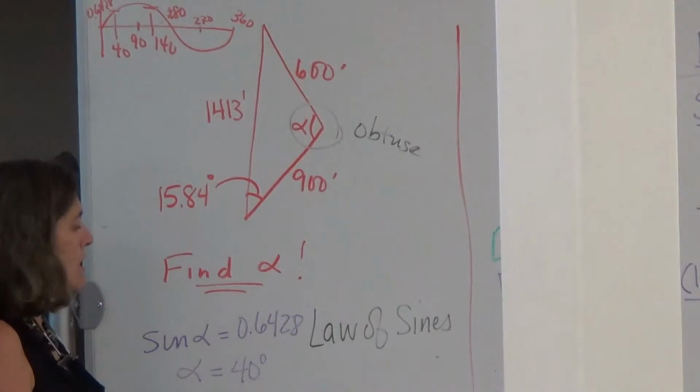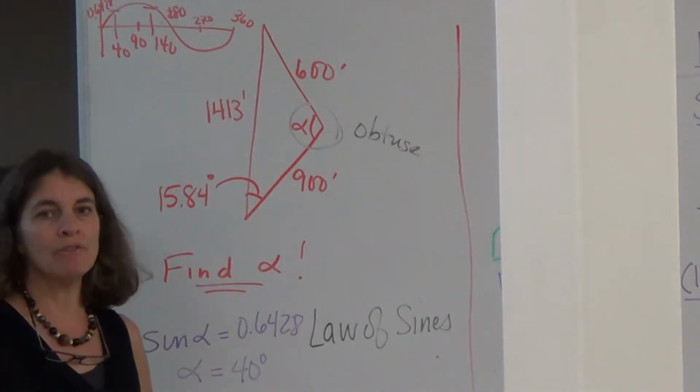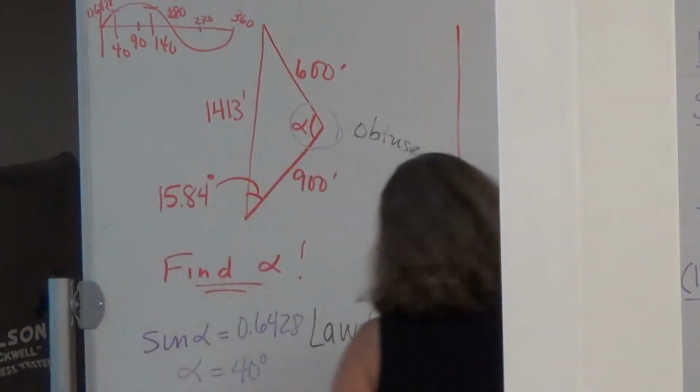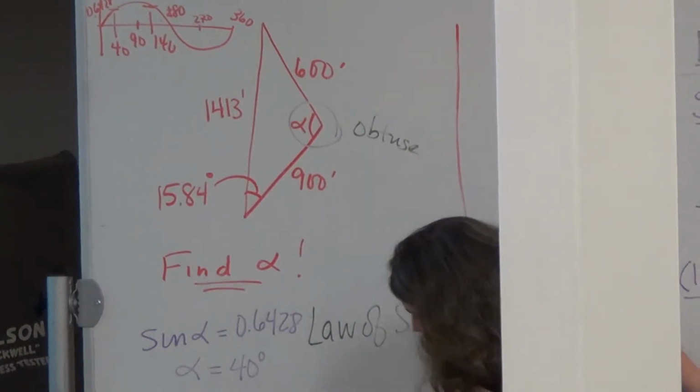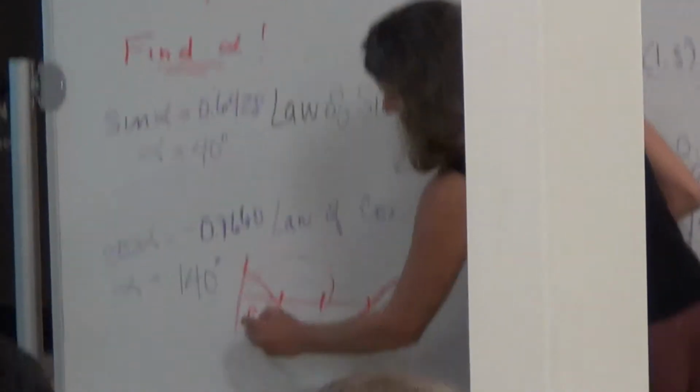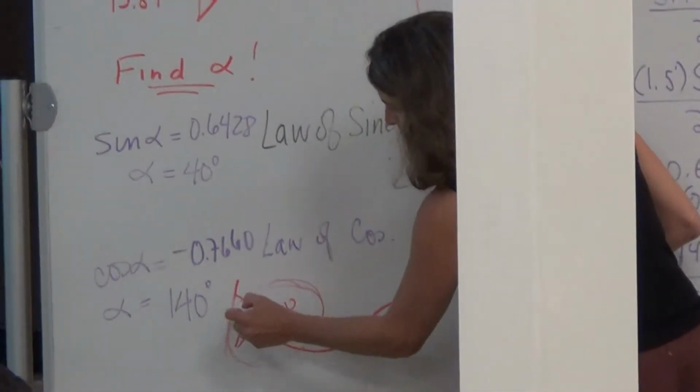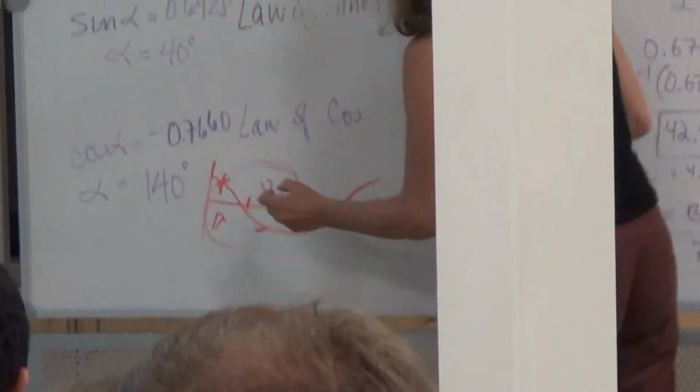When you use law of cosines, you don't have to deal with that problem, because in this first area, acute and obtuse, you're dealing with positives and negatives.